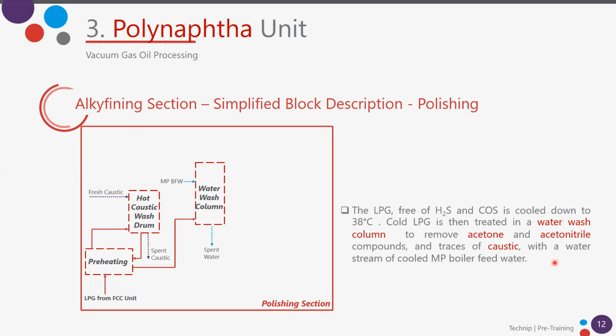How? We will use water, in this case, a special water that is the same water that you use to produce steam. You will use it here, so a high quality water. You will use medium pressure boiler feed water, okay, to wash the stream. And we'll also have this spent water that we will send outside the unit for further treatment.